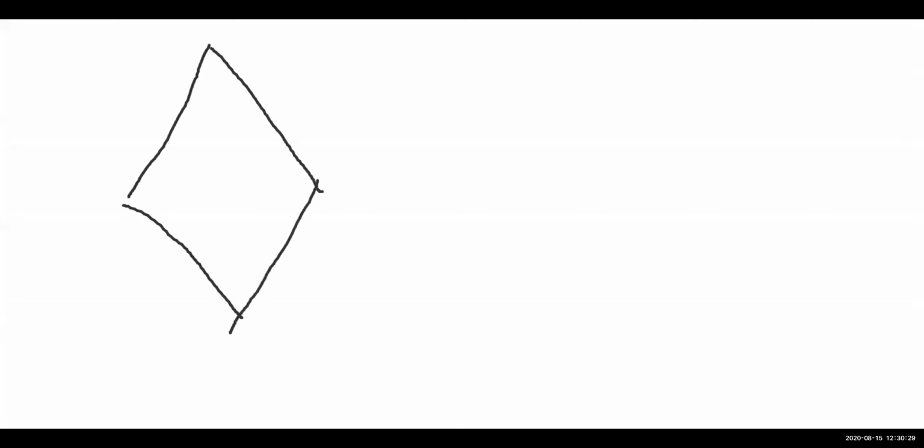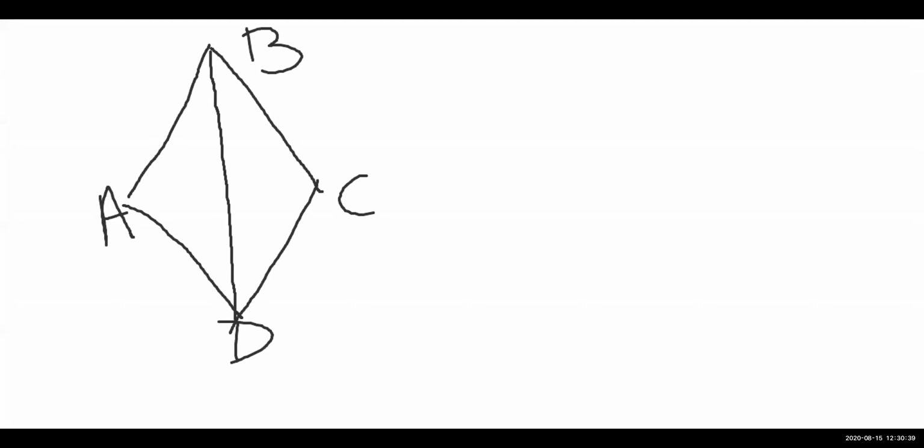Here the fifth question we can take. Here the quadrilateral A, B, C, D. Here we have to convert them into two triangles. Okay, and some things are mentioned over here.